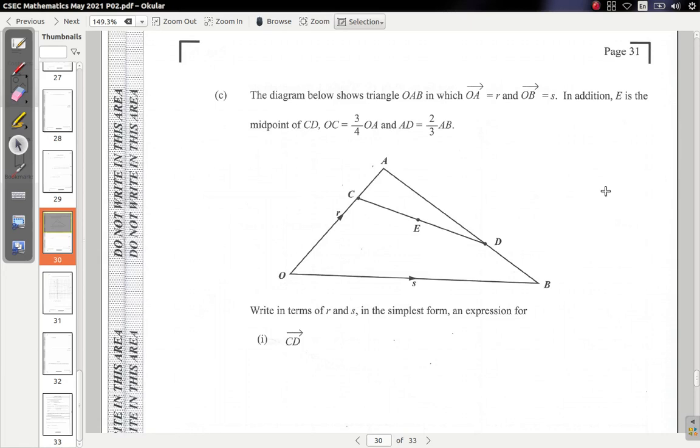This is an example on vectors and matrices. It comes from the 2021 CSEC mathematics paper. Remember now, this is the last question on the paper.